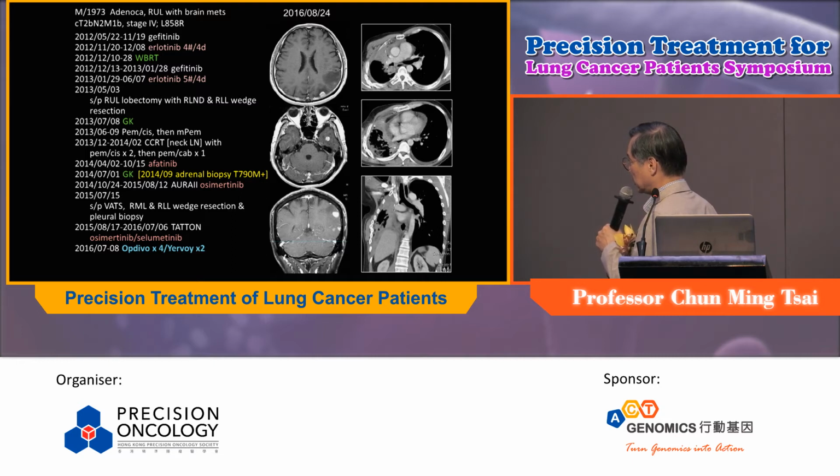So he received immunotherapy, but it was not useful. And you can see the brain progression, and this patient had fever, could not concentrate, headache, cough, and dyspnea.